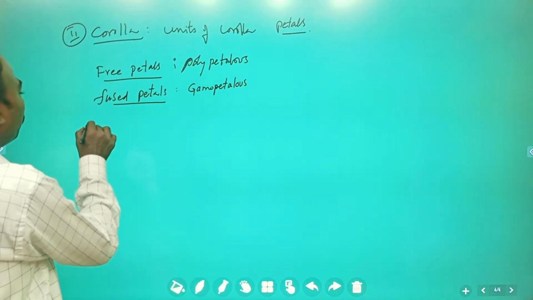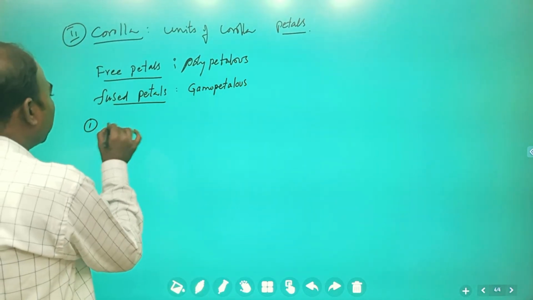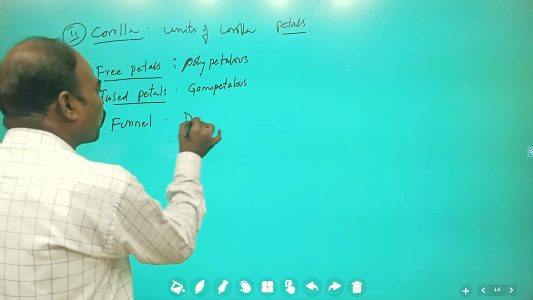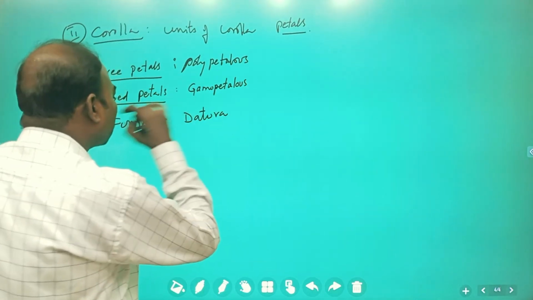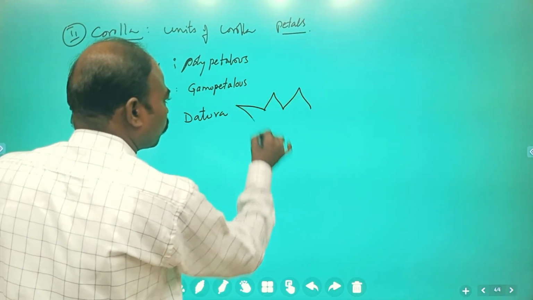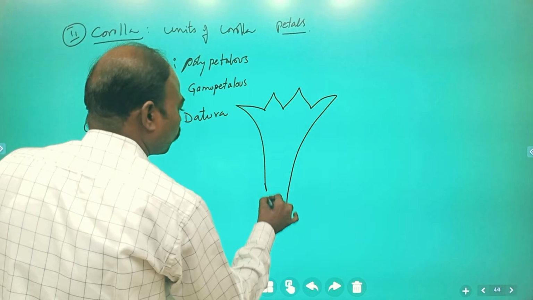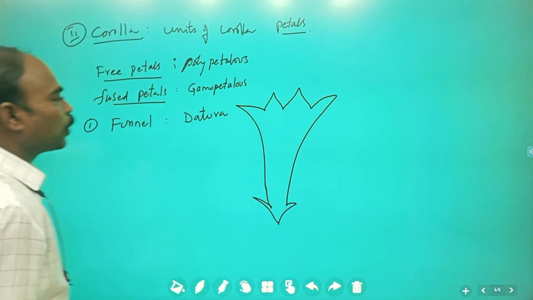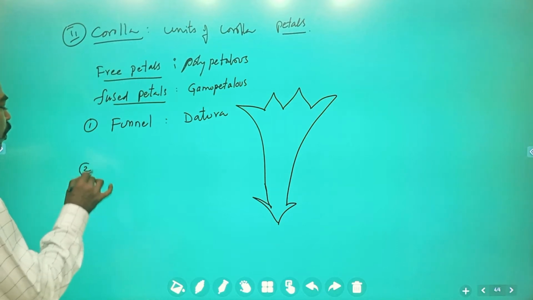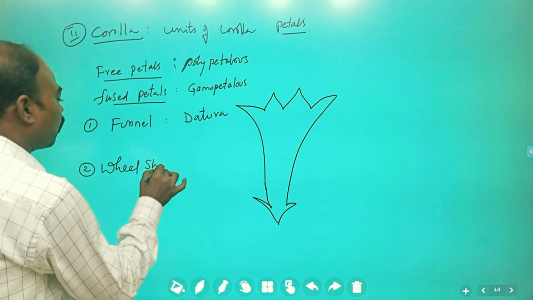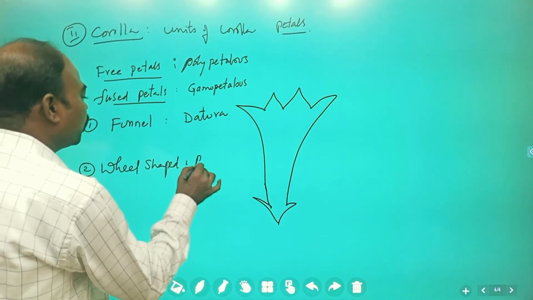Based on the shapes of petals, some plants exhibit funnel shaped corolla, found in Datura. Whereas a wheel shaped corolla is found in brinjal.